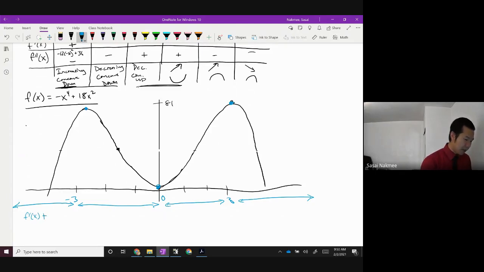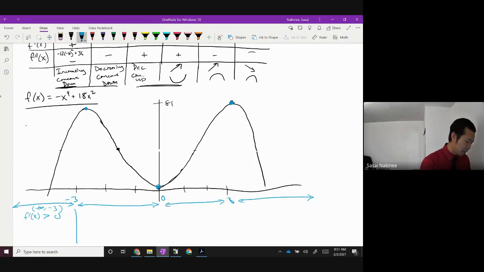So visually, you can see this is positive, but how we would have tested this if we don't have the graph is we'd pick a number from -infinity all the way up to -3, plug it into our derivative, and see that it comes out to be a positive number, right? See that it comes out to be more than 0, right?